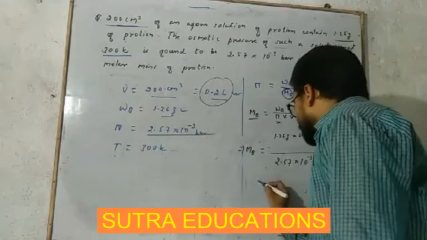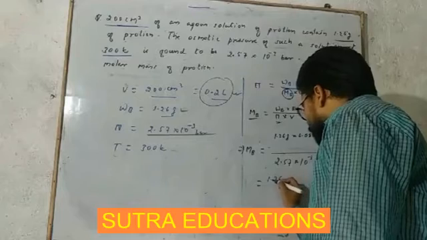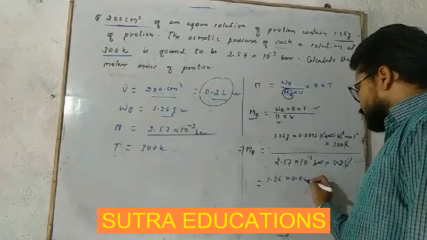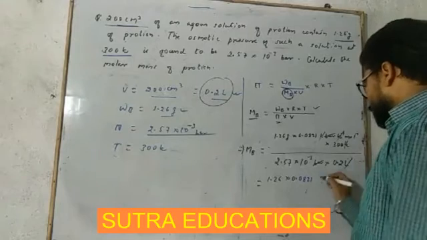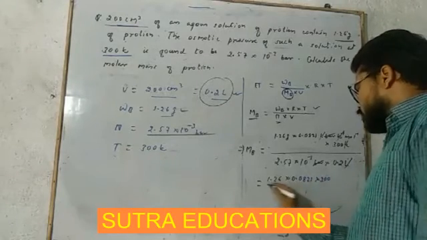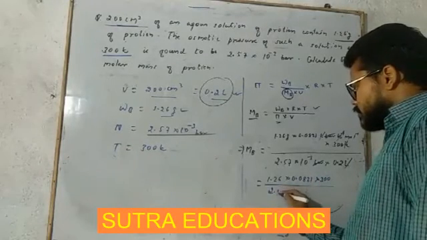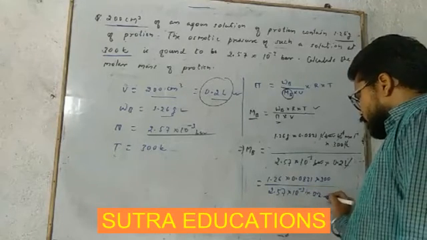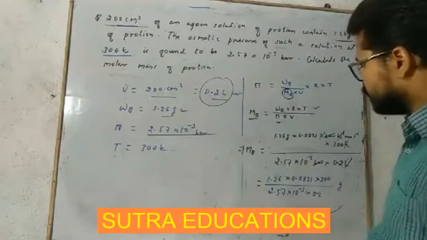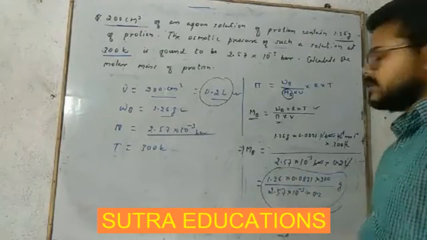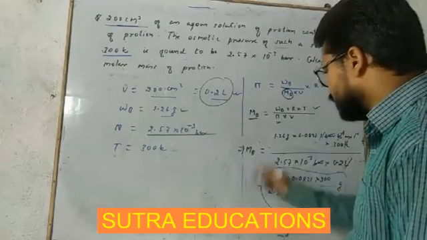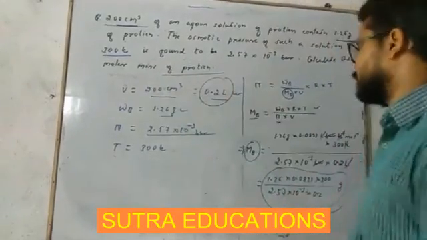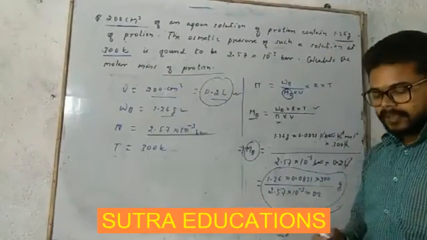So we have 1.26 into 0.0821 into 300 upon 2.57 into 10 to the power minus 3 into 0.2 gram. Solve this, just divide and multiply, and you will get the value of molar mass of protein. Okay, come to the next question.